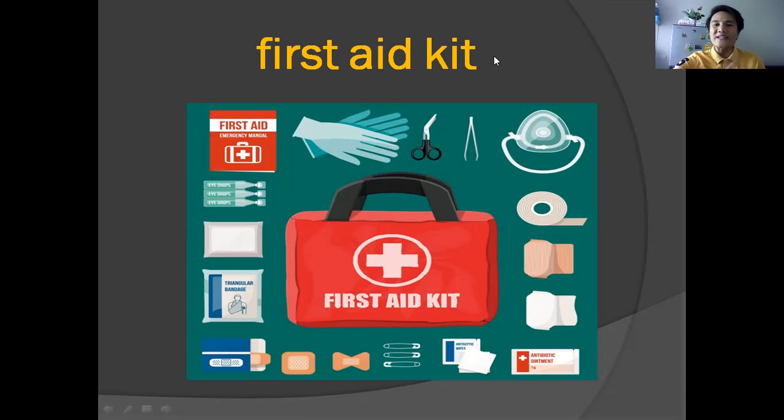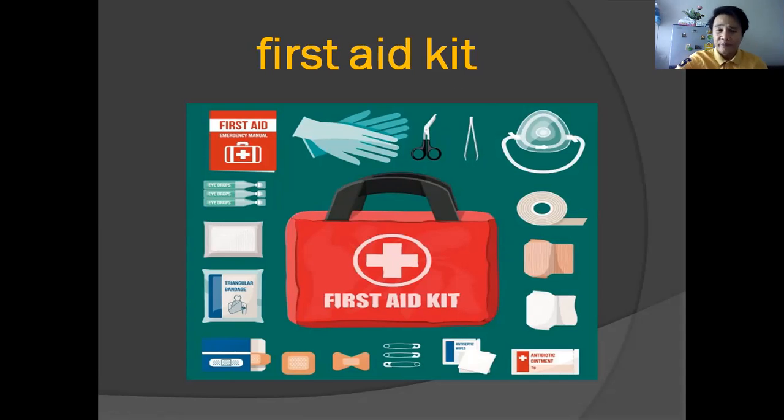So what is a first aid kit? A first aid kit is this one, a box. Sometimes it's a box and sometimes it's a bag, but we call it first aid kit.